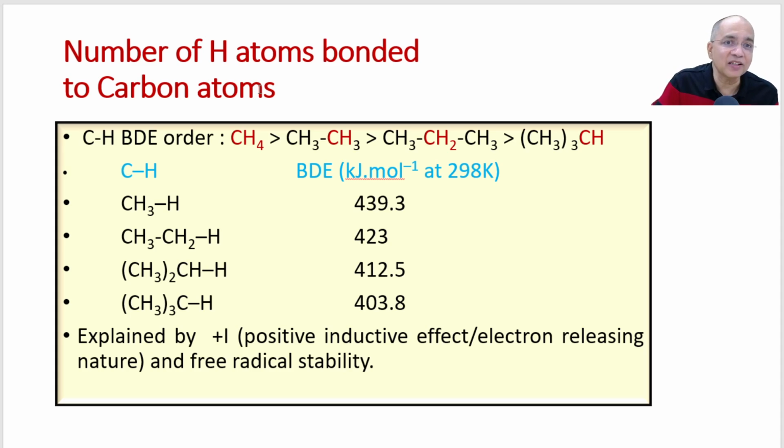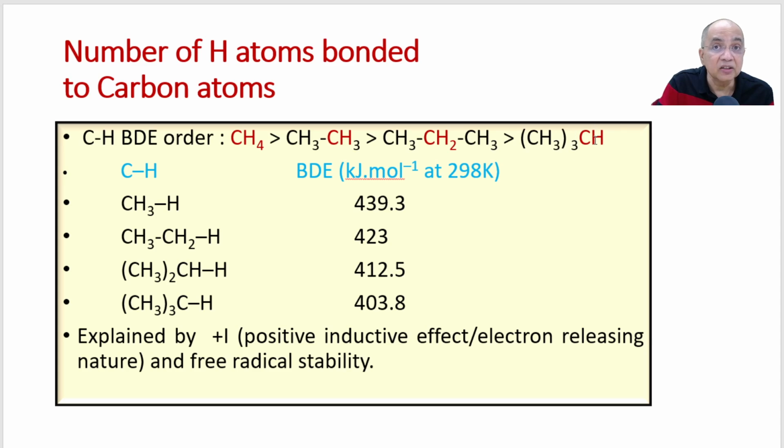Now, another aspect I was talking about in the beginning is the BDE, how it changes with the number of hydrogen atoms bonded to a carbon. For example, we find the same CH BDE in ethane, and in the middle CH of propane, and the middle CH of isobutane, where there is only one CH.